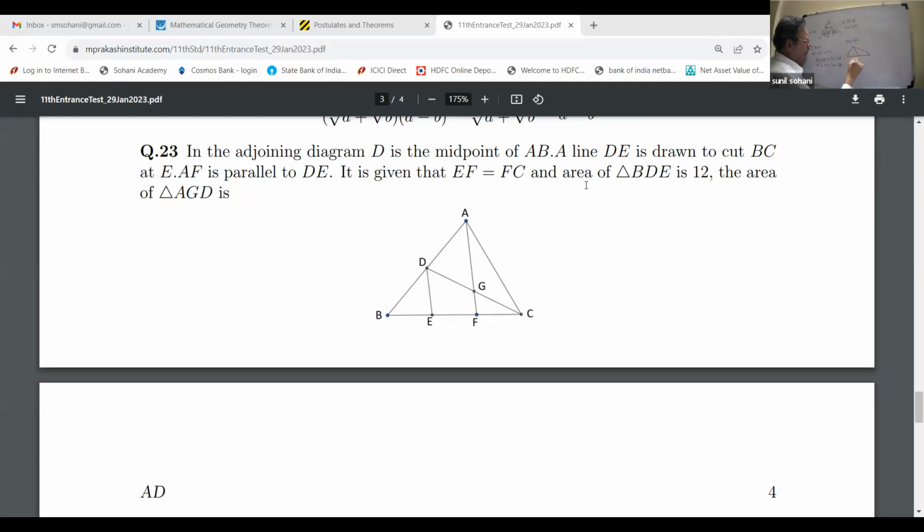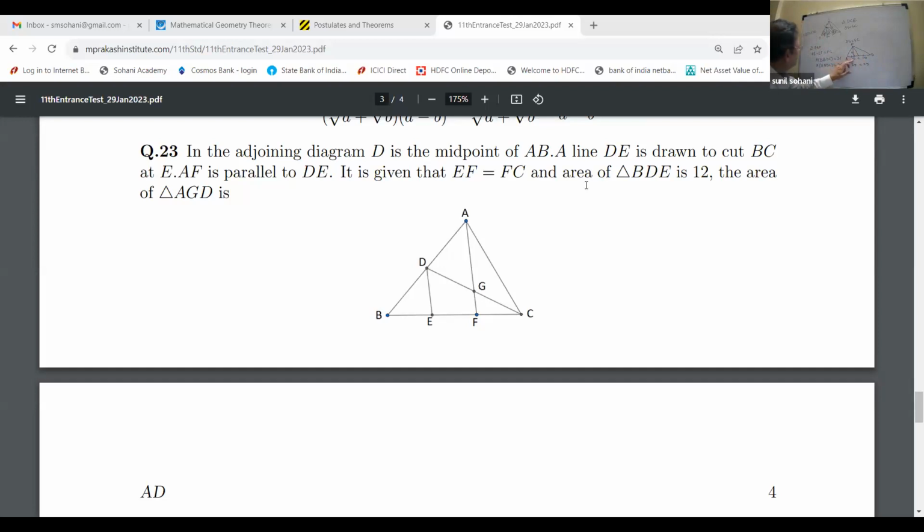If I say this is 10, this is 10 because they are equal, and if I drop the perpendicular, let's say this is 5, then the area of this triangle ABC will be 5 tens are 50 upon 2 is 25, and for this triangle CDA will also be base 10, which is equal, and for ACD height is again 5, so 10 into 5 again 25, 50 upon 2 is 25.